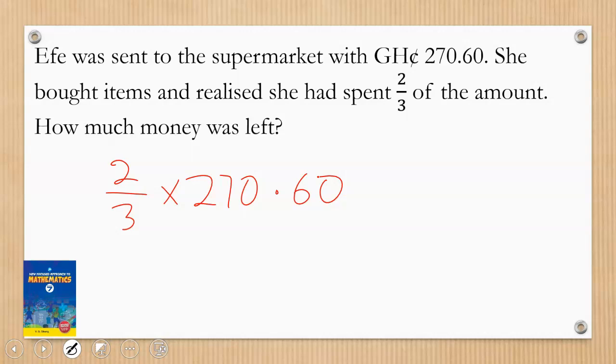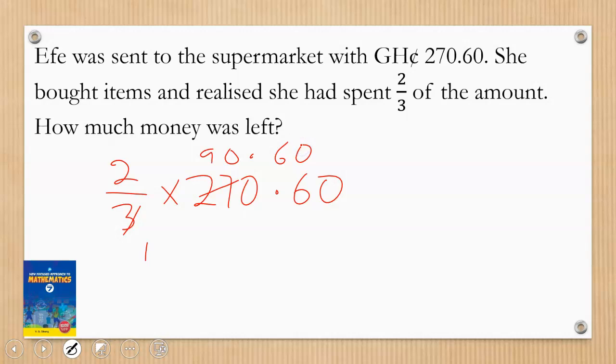Okay, so let's do the simple cancellation here. We know 3 can divide itself as 1 and 3 can divide 27 as 9. Okay, and so here we have the remaining 0.60 because we only took the 3 to divide the 27.